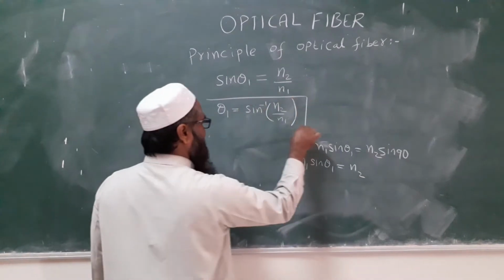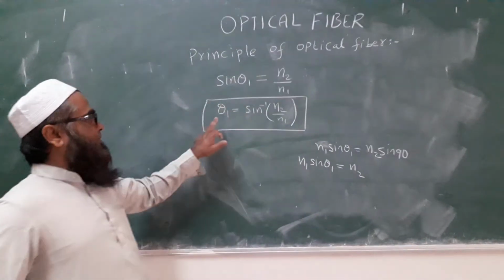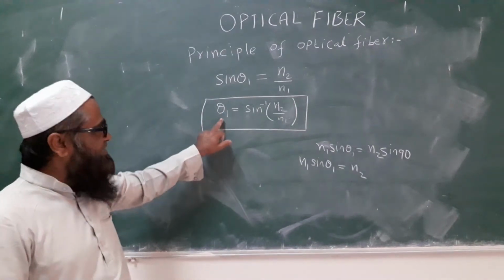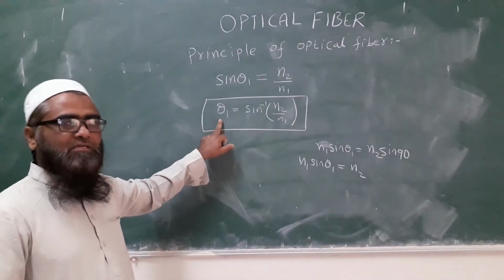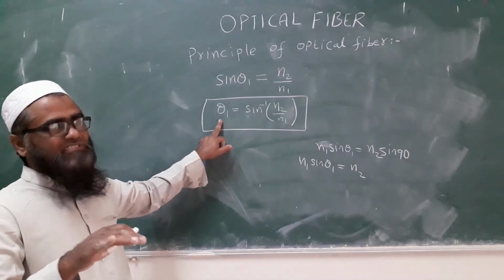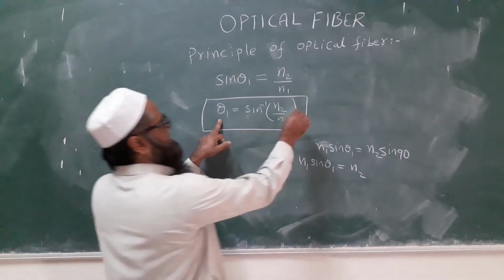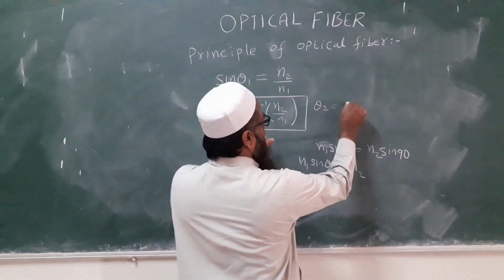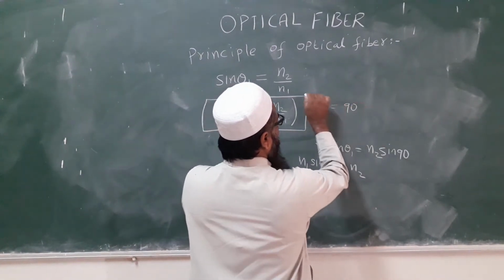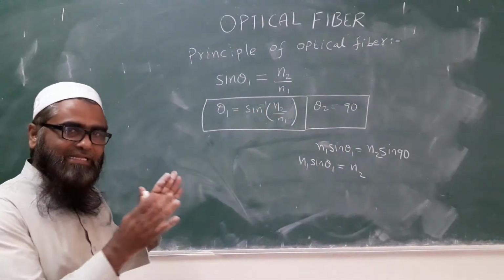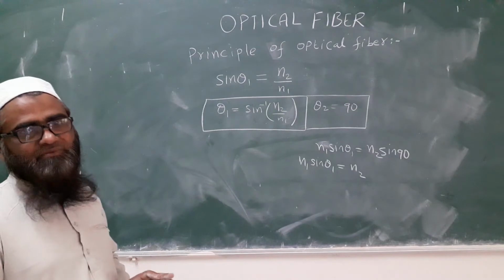If a ray passes through the denser medium with this angle, then the refracted ray will pass along the interface. So theta 1 is this much, and theta 2 we have already taken as 90. Based on these two values, we can design the optical fiber.